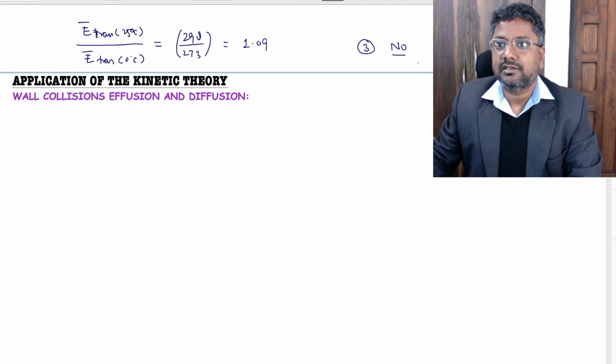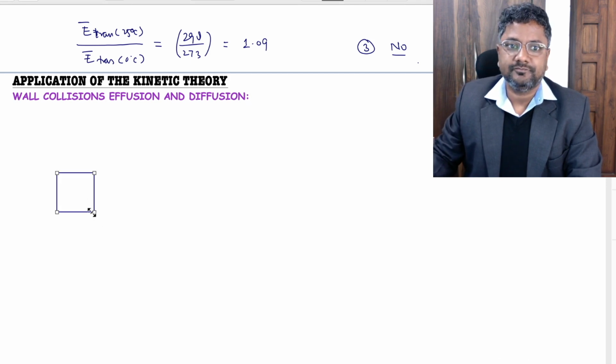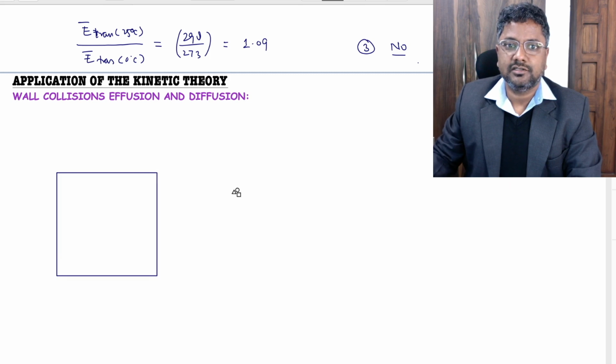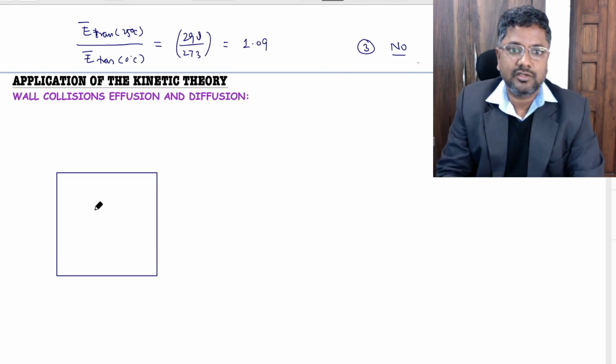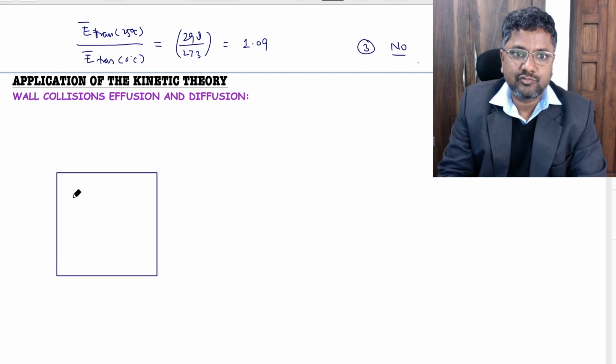Suppose that we have a container, and some gas molecules are there.